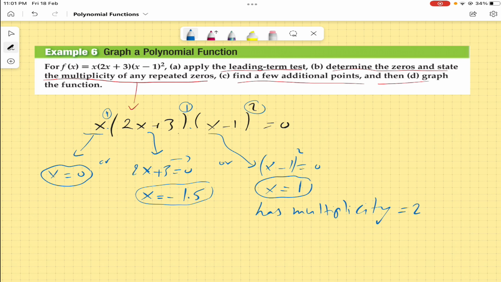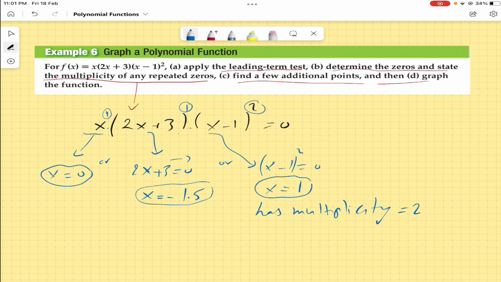So what is the benefit of the multiplicity? The multiplicity is 2, which is even. If the multiplicity is even, that tells you at this point the graph is tangent.